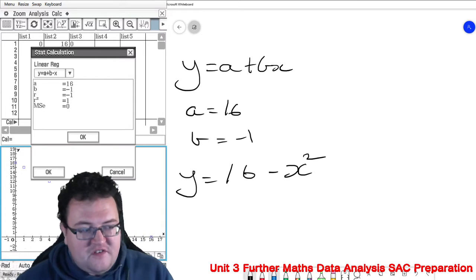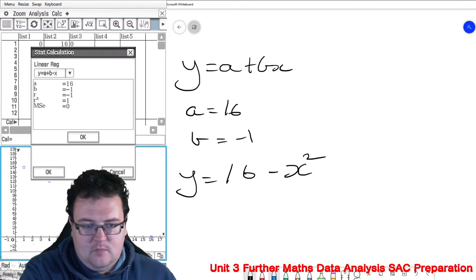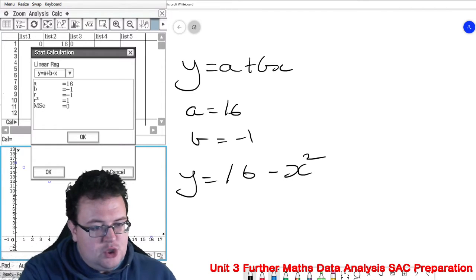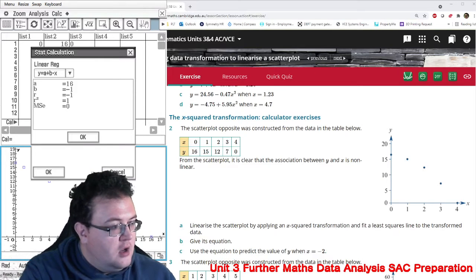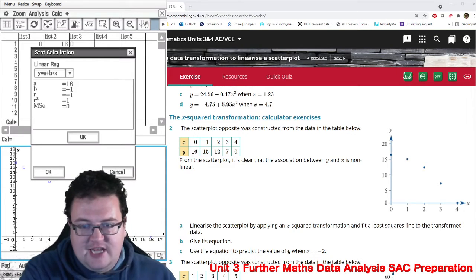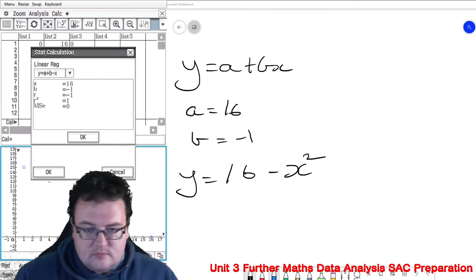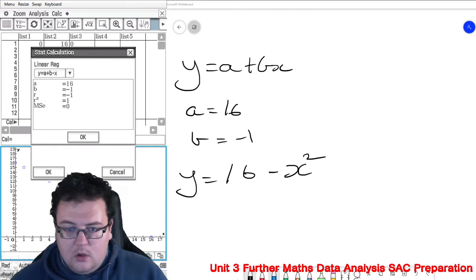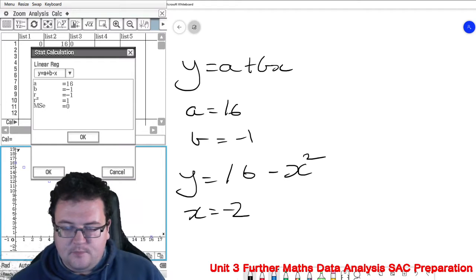Now that you have this equation, you can answer part C, which is use the equation to predict the value of y when x is minus 2. So x equals minus 2.